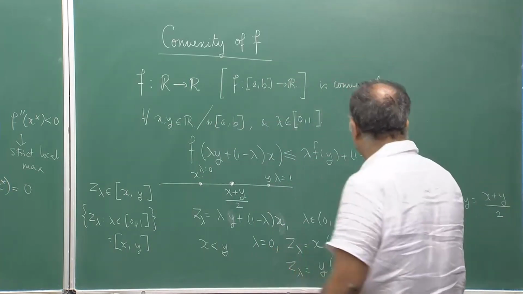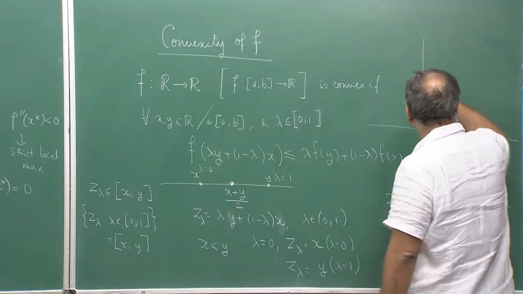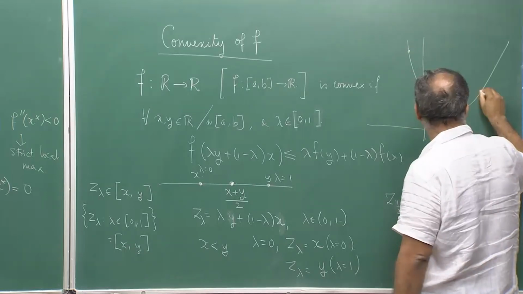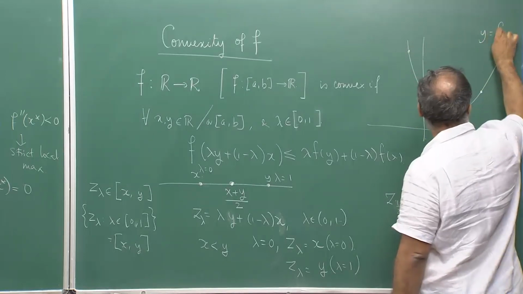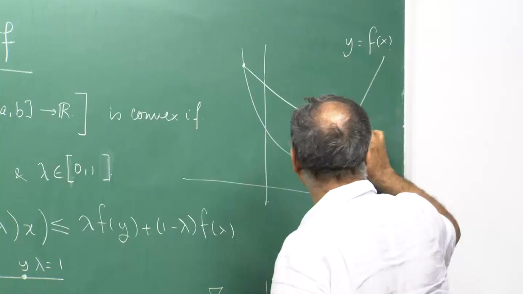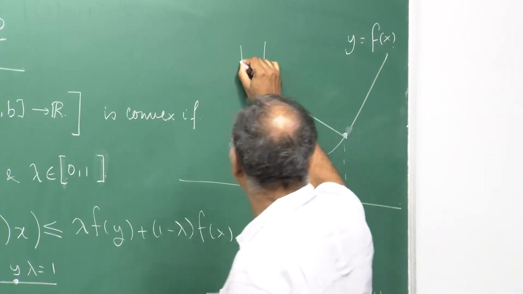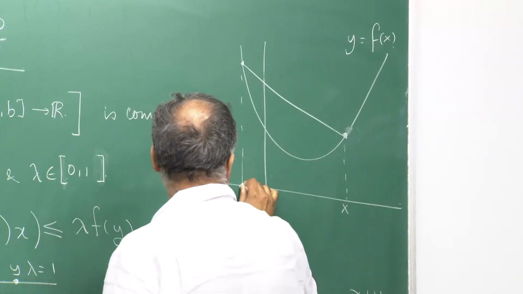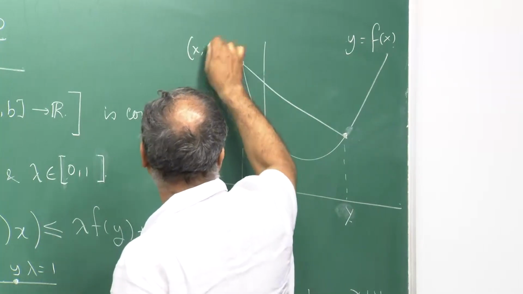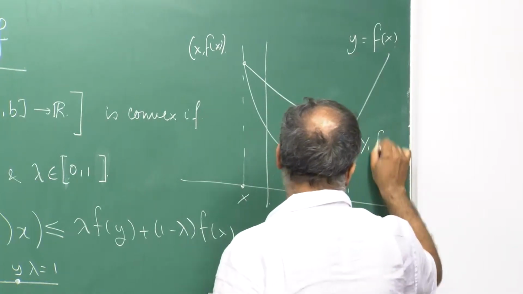So, what does this definition signify? I want you to figure it out yourself: if you take two points on the graph of the function and join them by a chord, this is my x, f(x), and this is my y, f(y).